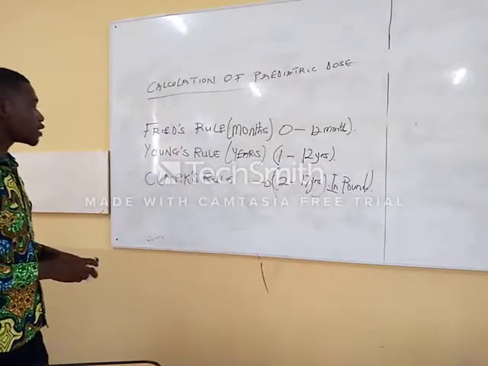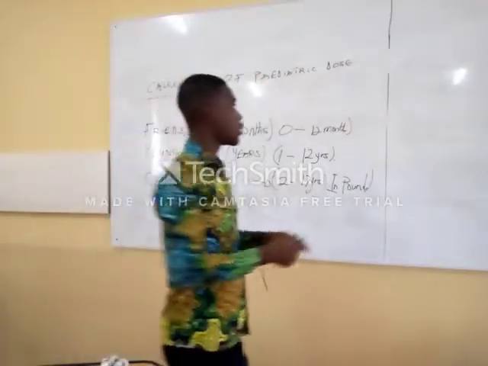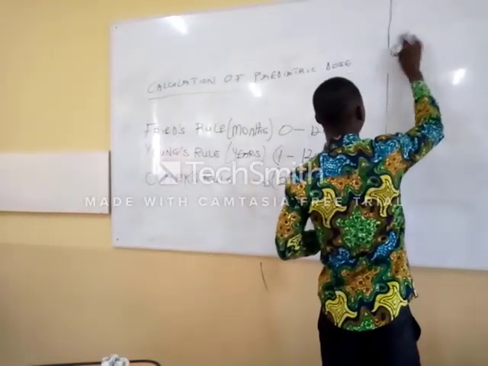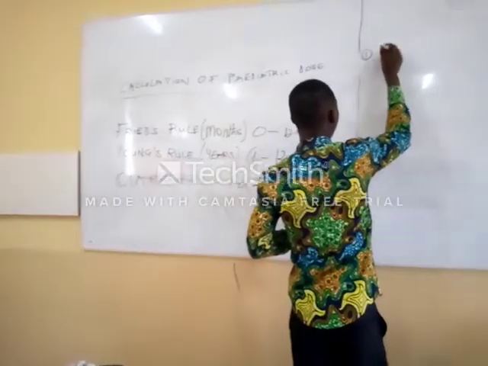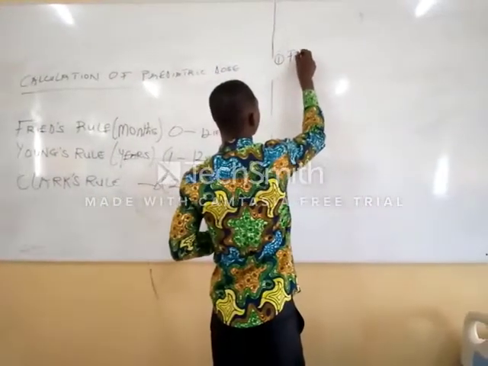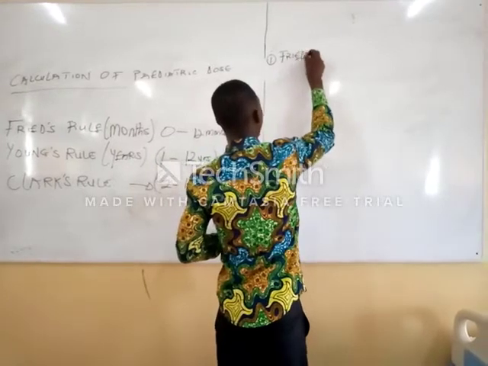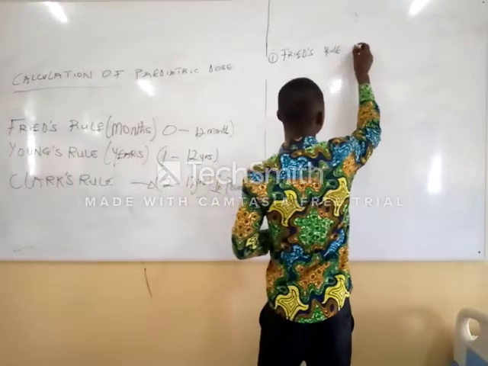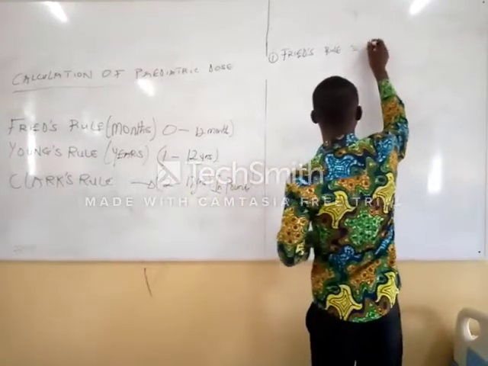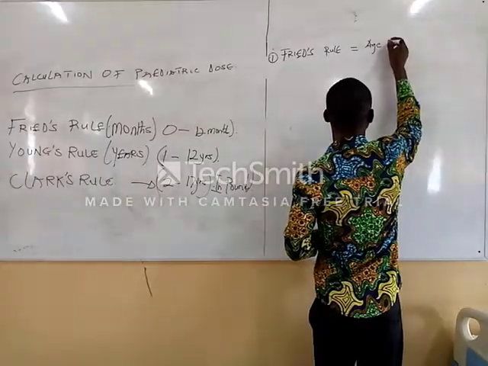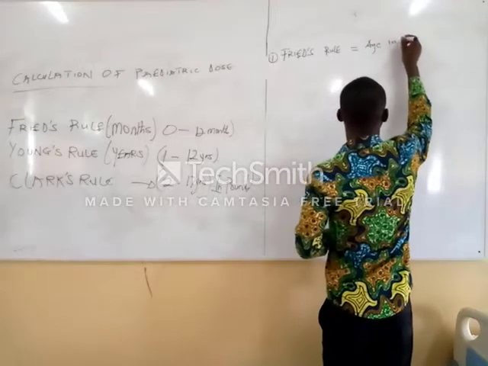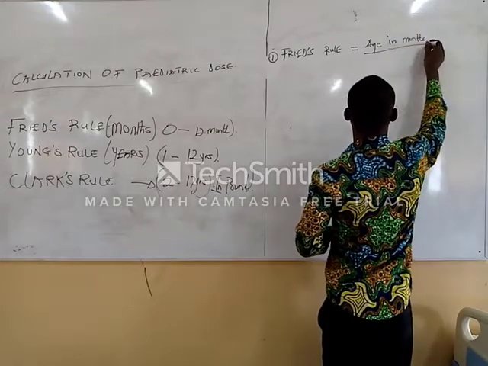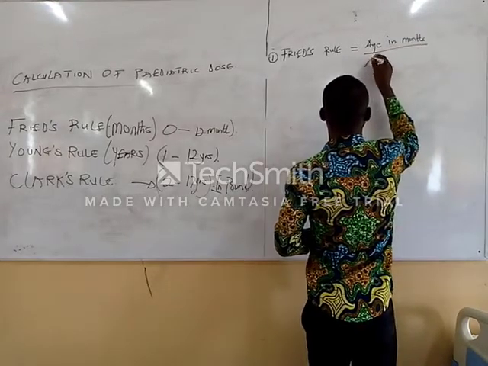Let's go to how these rules work. Fried's rule, rule number 1. Fried's rule is equal to age of the child in months, as I said earlier on, over 150.